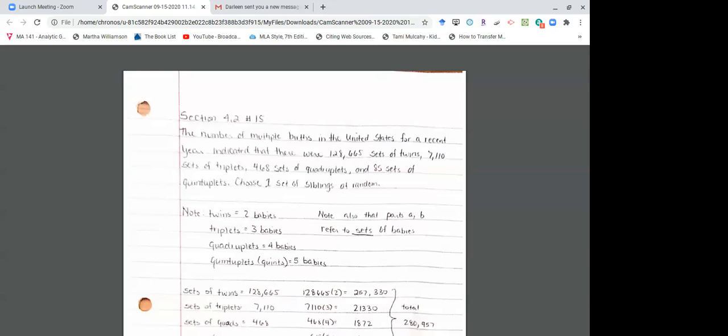I'll share my screen this time. And as you see, the first section in 4.2 deals with what we call the addition rules for probability. The biggest thing you have to remember about this is whether groups are what we call mutually exclusive or not.